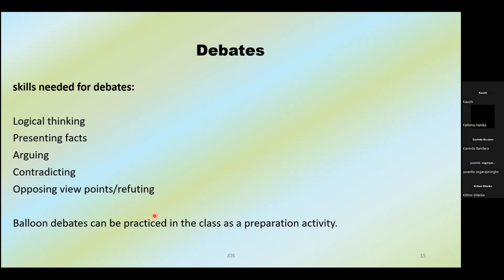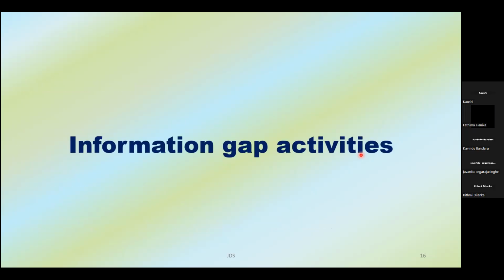So just presenting their own ideas, logically presenting their own ideas, is how balloon debates work. This can be a starting point, and then you make them argue, contradict, and refute the other person's point of view.